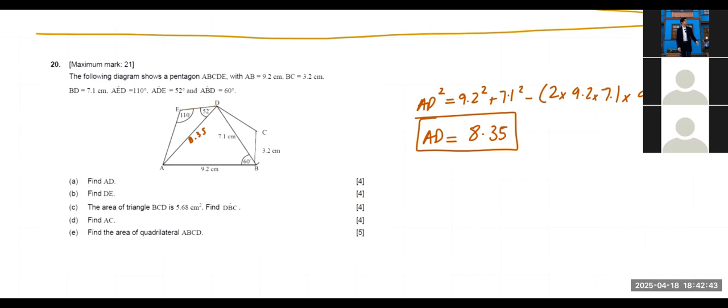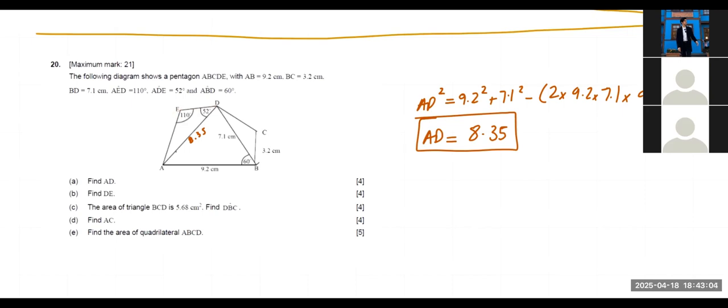Can't you just do 180 minus 110 and then minus 52 to find that angle? Amy, why do you think that is? Why can I subtract this and this from 180 and get this angle?